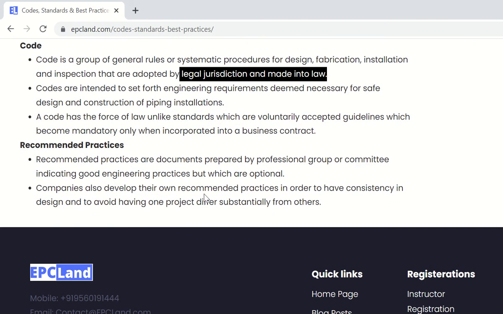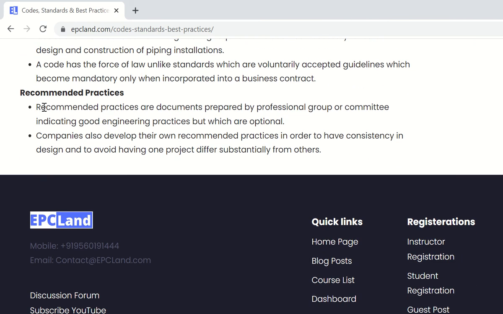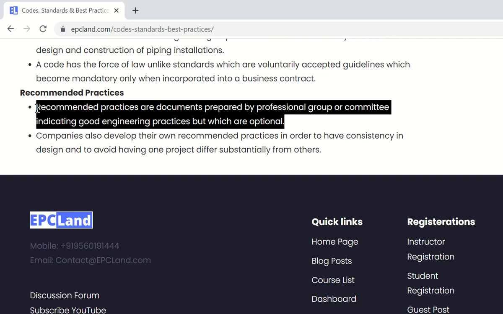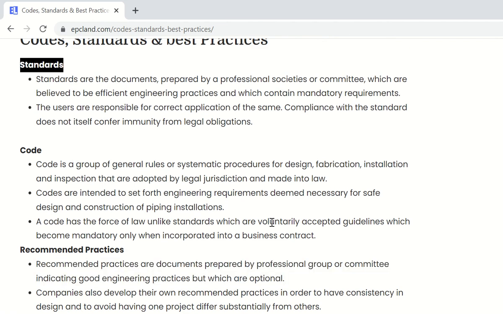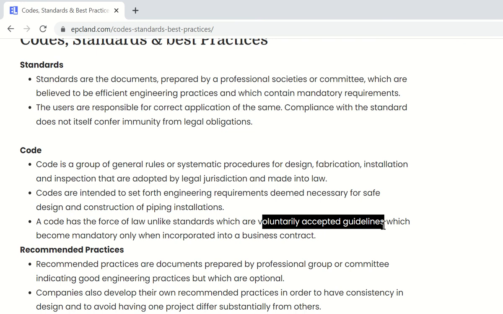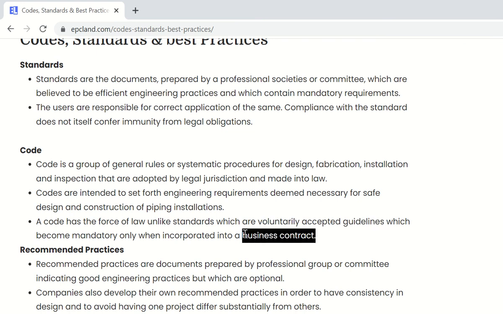Now let us look at recommended practices. Recommended practices are documents prepared by professional groups, communities or committees indicating good engineering practice, but which are optional. We talked about code where law is involved. We talked about standards which are voluntarily accepted guidelines but mentioned in the business contract also.